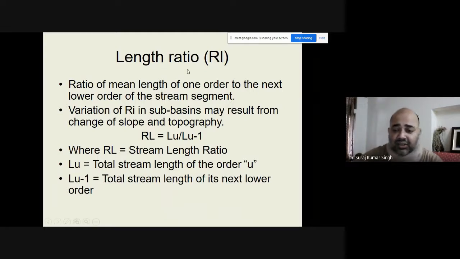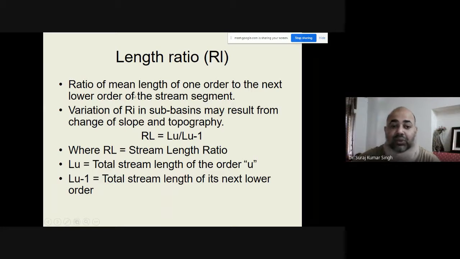Now the next calculation that we have to do is the length ratio. So how will you calculate this length ratio? The length ratio means the ratio of the mean length that we have already calculated for one order to the next lower order of a stream segment.